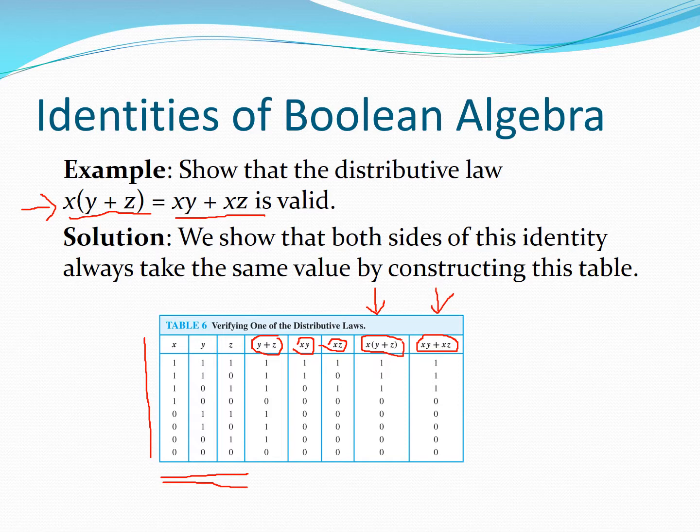And as we can see, for these two columns, the values are equal for every combination of x, y, and z. And that's how we go ahead and show that the given identity, the distributive law, is valid using a table.